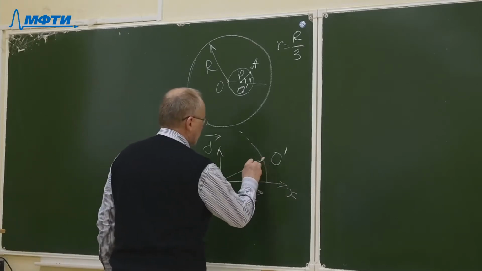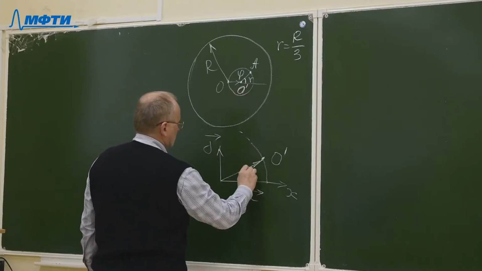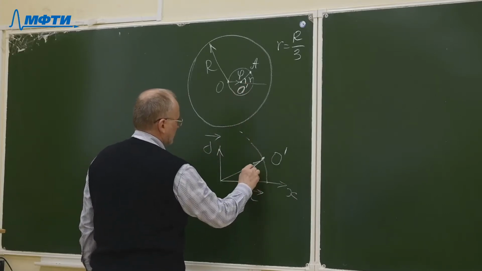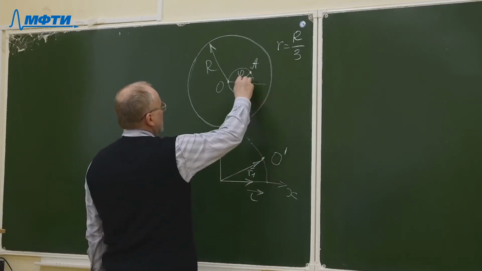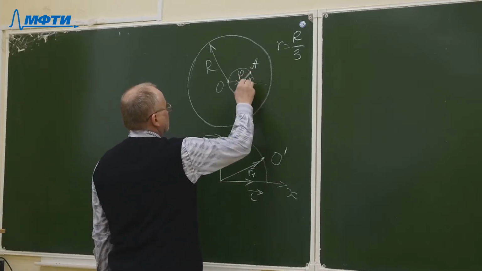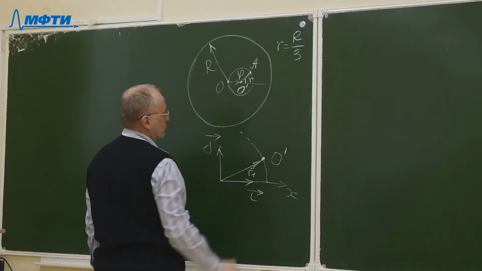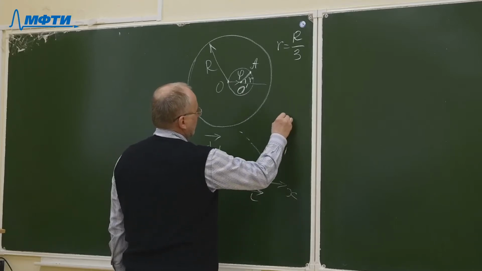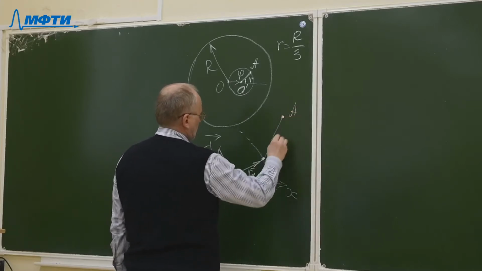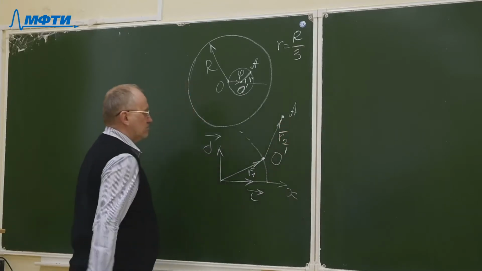And that will be characterized by radius vector r1. And also there is a point A which is located at distance r from the axis of rotation O prime. Somewhere there is point A, and that will be radius vector r2.